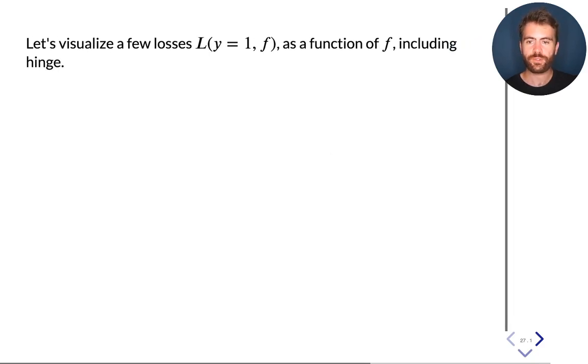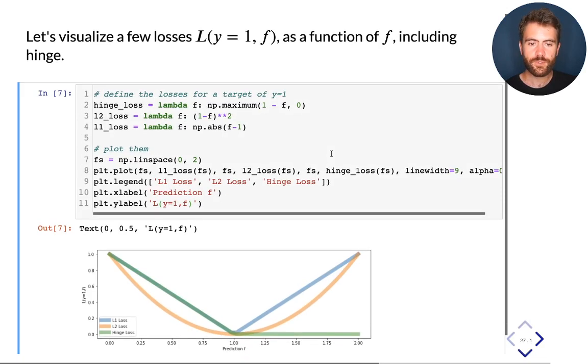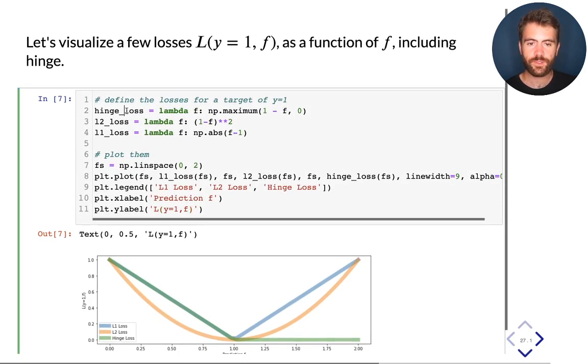Now, to better understand what it does, let's visualize this loss and a few other losses that we have seen before. Here I am defining this hinge loss that you just saw. And by the way, this is all assuming that the correct label is 1.